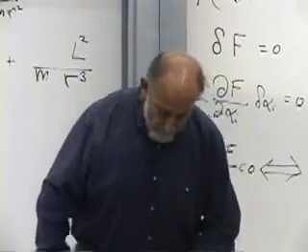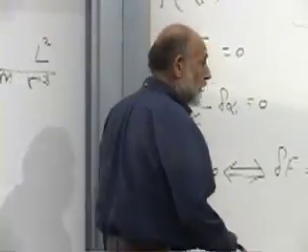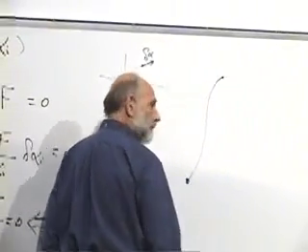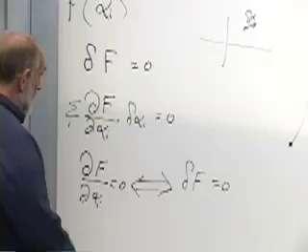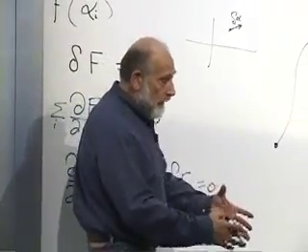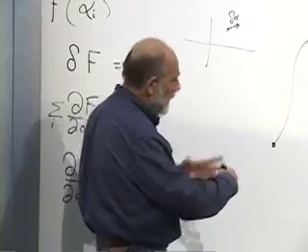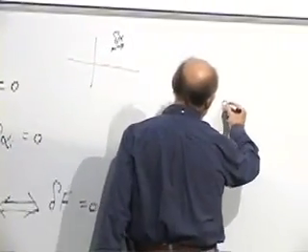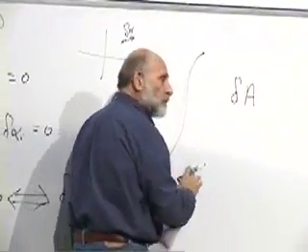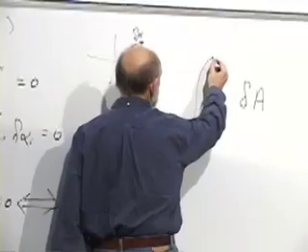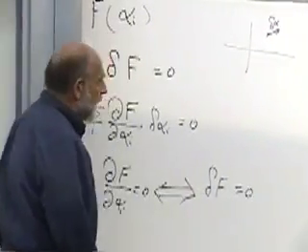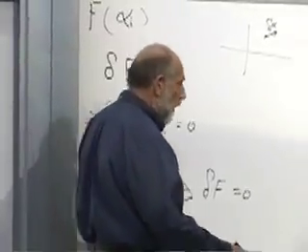As an example, we studied the principle of least action. Here's a trajectory. And what we wrote was that the action is a minimum with respect to any variation. One way of writing that is to say that if you make a small change in the trajectory, the variation of the action is equal to 0.